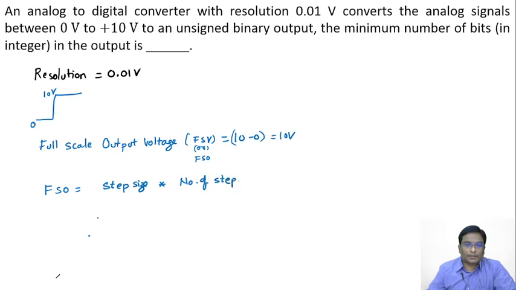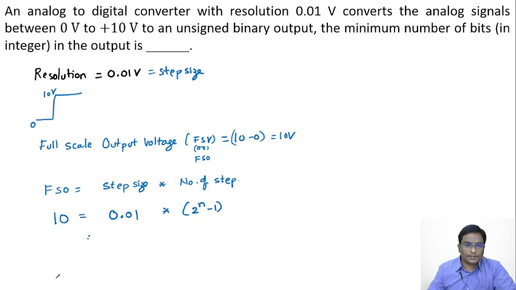Here the resolution is nothing but the step size. How many steps will there be? 2 power n minus 1. Full scale output voltage is given as 10, the resolution or step size is given as 0.01, and if n is the number of bits, the number of steps is 2 power n minus 1.